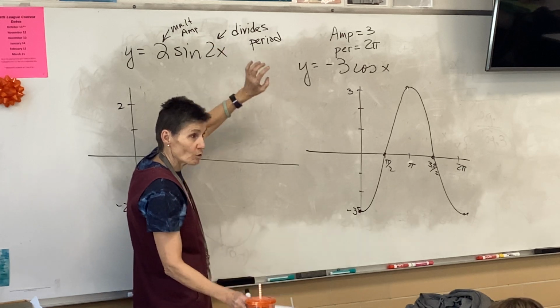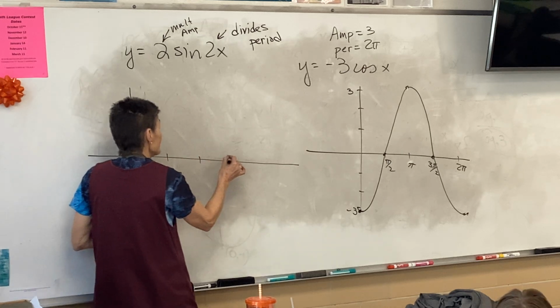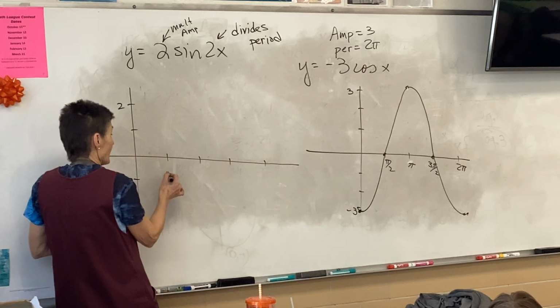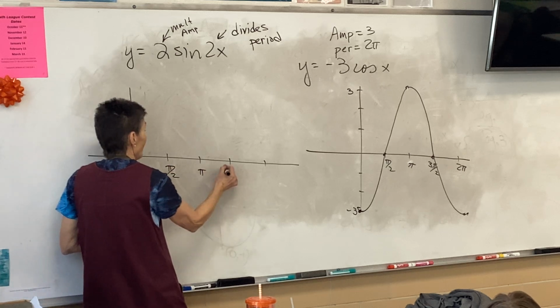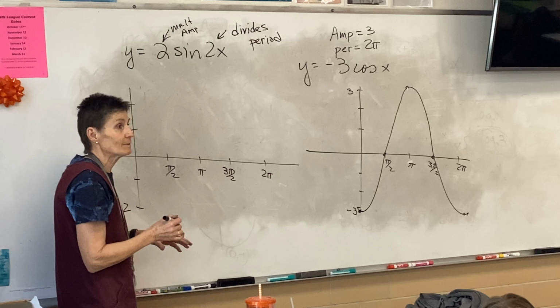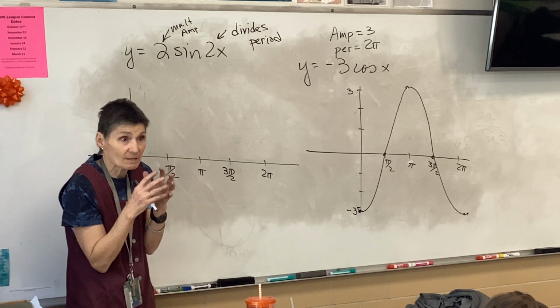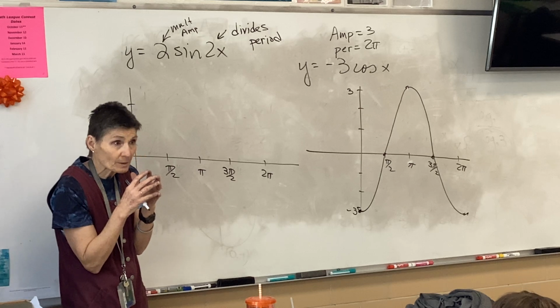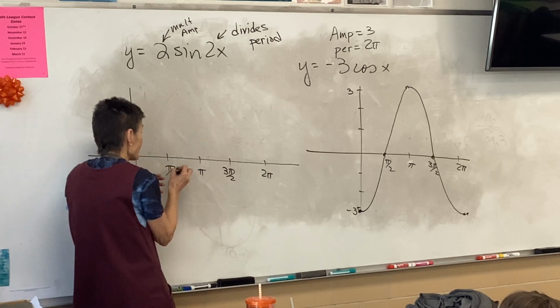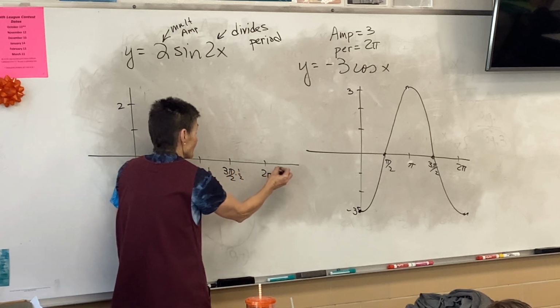All right, so this is where your eraser might come in handy. What are the normal labels? Pi over 2, pi, 3 pi over 2, and 2 pi. Now, they're all gonna get divided by 2, which is the same as timesing by a half.